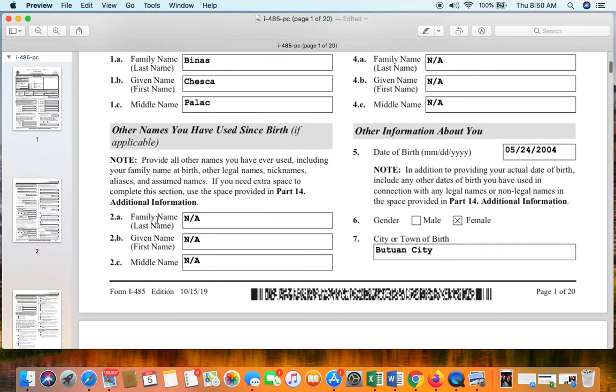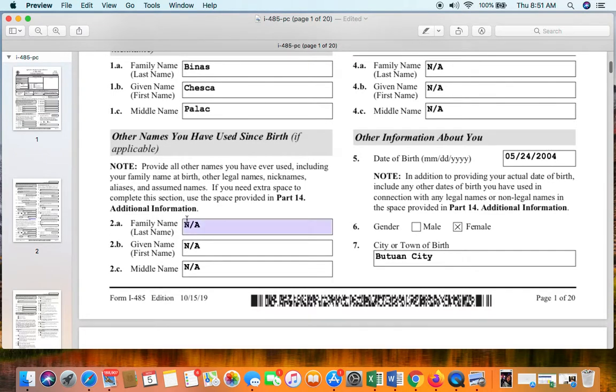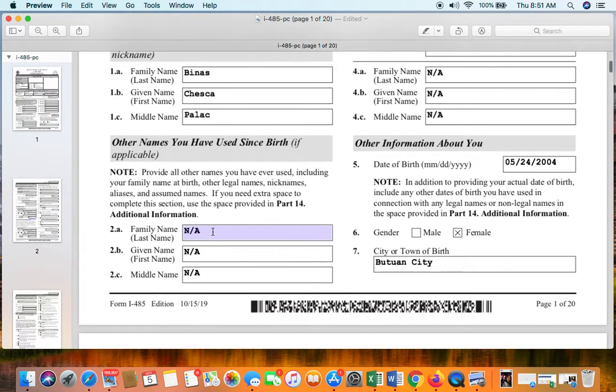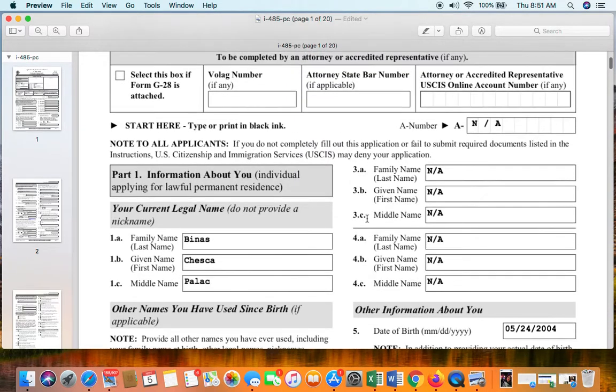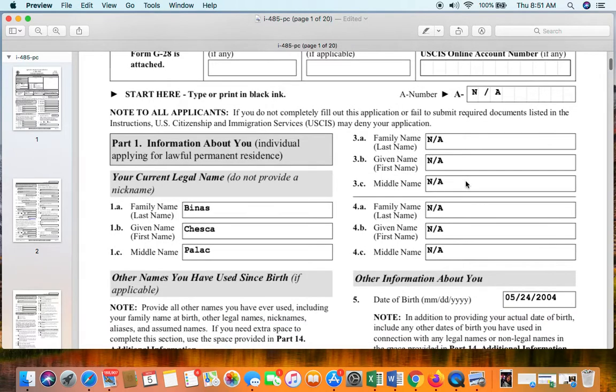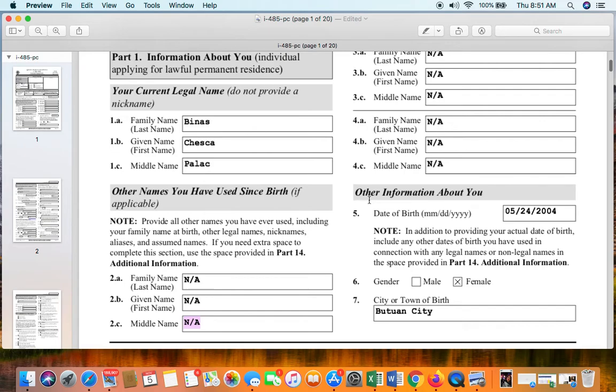Okay? Since my derivative applicant doesn't use any other names, I should put here NA, NA, and NA. So let's go up here. Family name, NA, so this is not applicable to you.